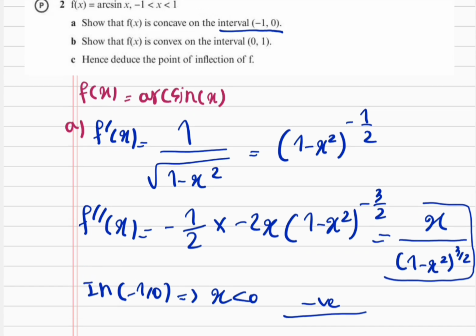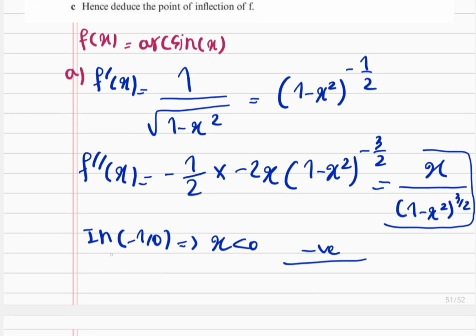Now, the key is that x is between -1 and 0, which means its magnitude is less than 1. So it's like a half or a third, and when you square those numbers whose magnitude is less than 1, then the square is actually going to be smaller than the number itself.